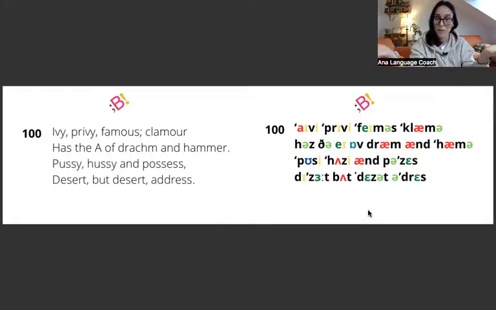And some of them are very common words, like for example, this one, the last sentence, when you say dessert, but desert, address. How many times have we said address, and we think that we are very correct, and then we are not, but it's okay. We are still in the process of making our English sound better and better each time.